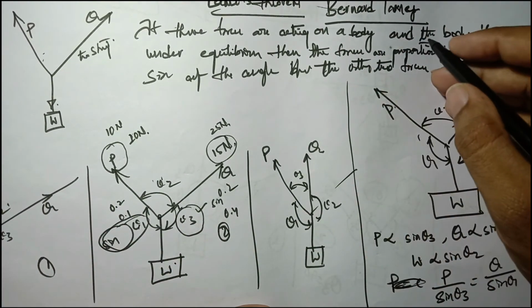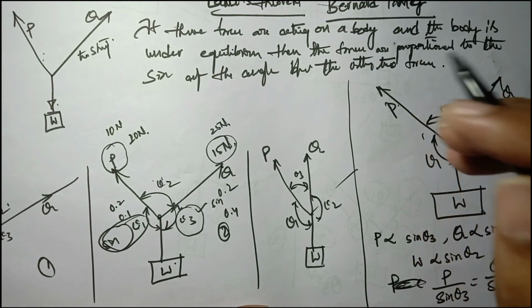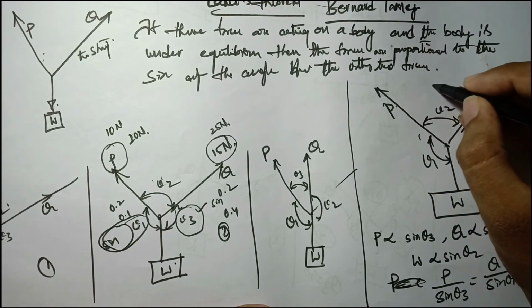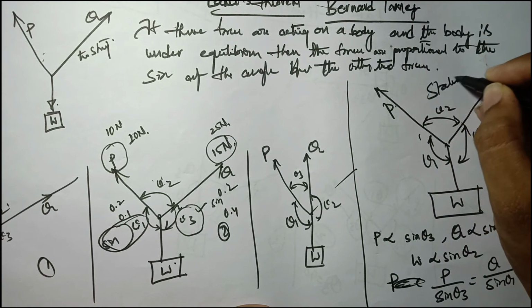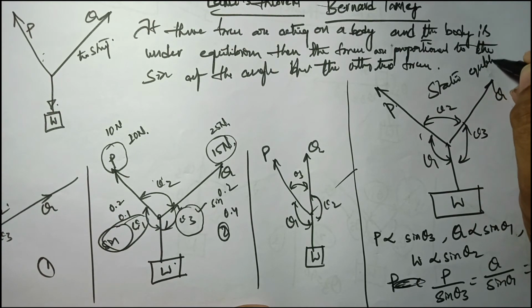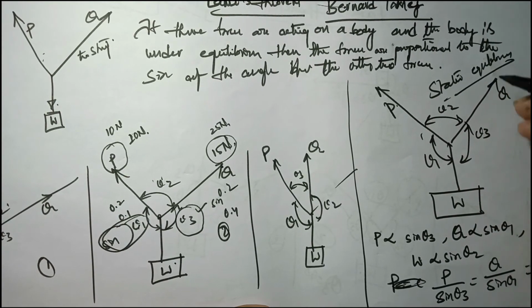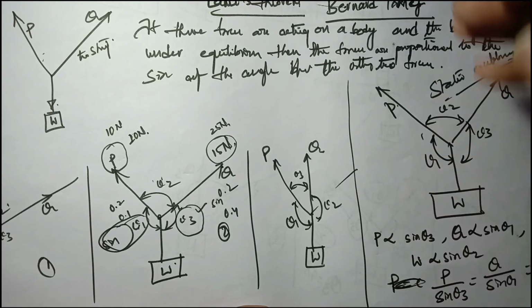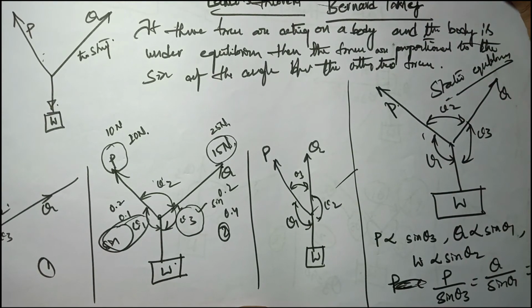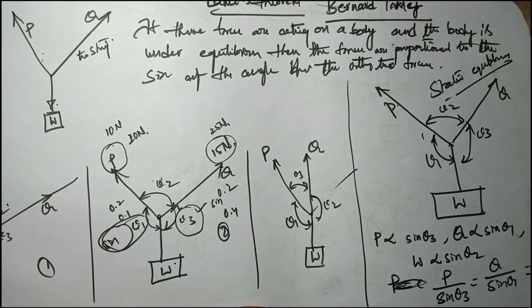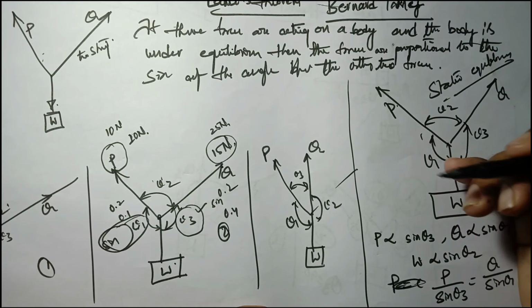This should only be applied to bodies which are in static equilibrium. When the causes and effects are getting nullified, which means the forces and reactions are getting nullified, and the body is said to be in static position, then we say that the body is under static equilibrium.